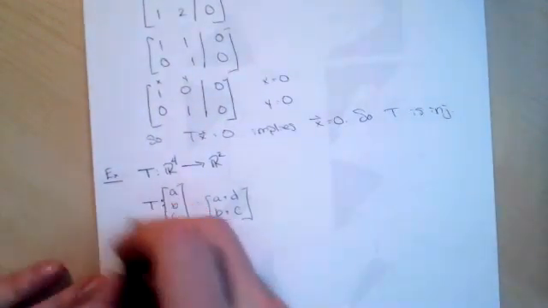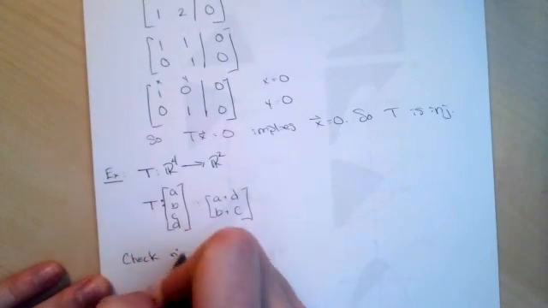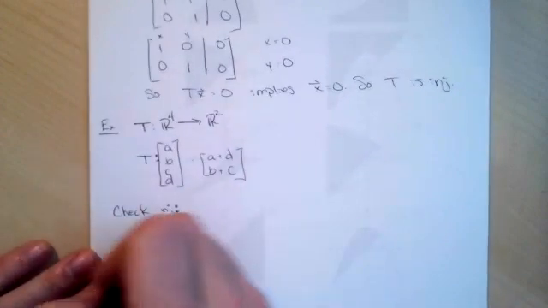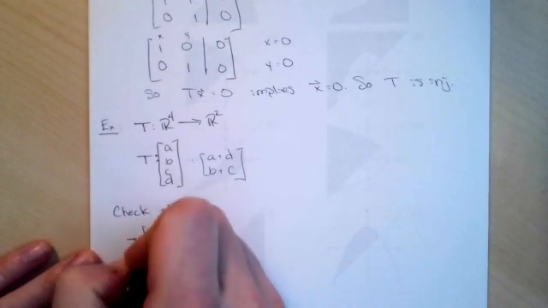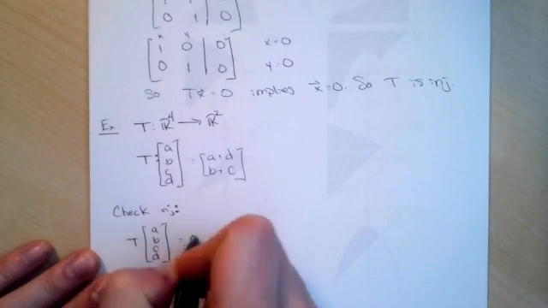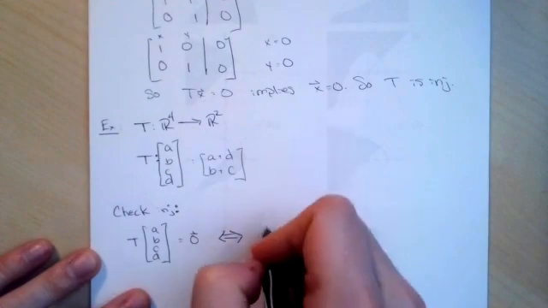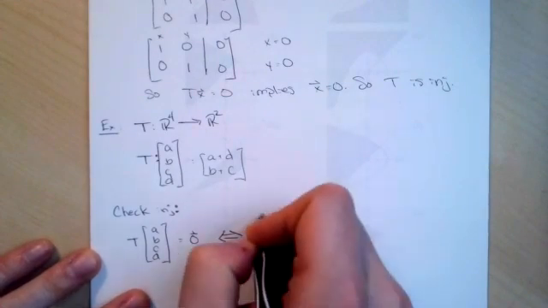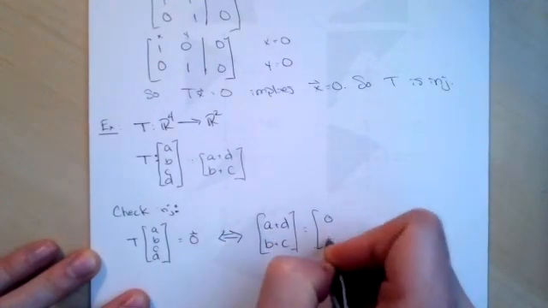So for example, if we want to check injectivity, we go through the same process. If we have T of (A, B, C, D), we set it equal to 0. That's going to imply that A plus D and B plus C are both equal to 0.